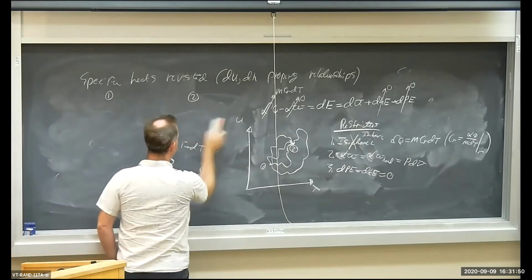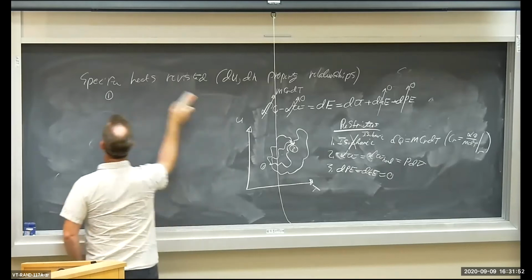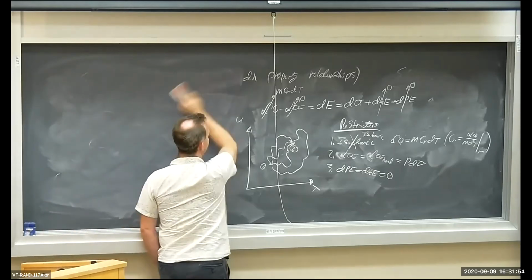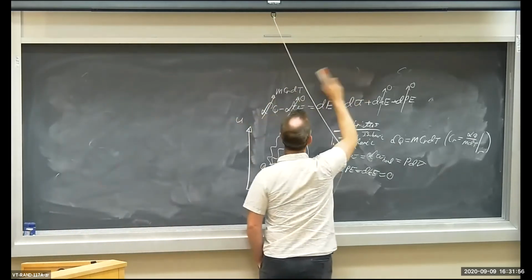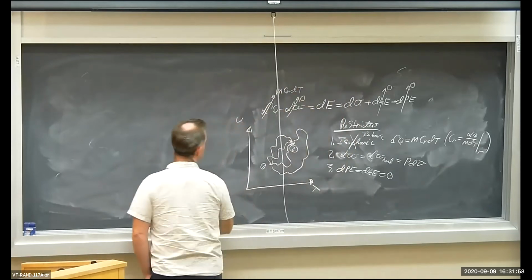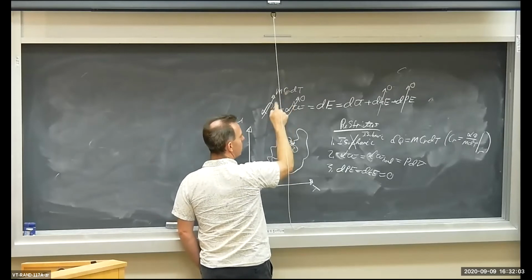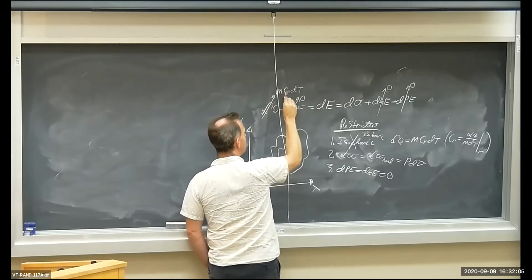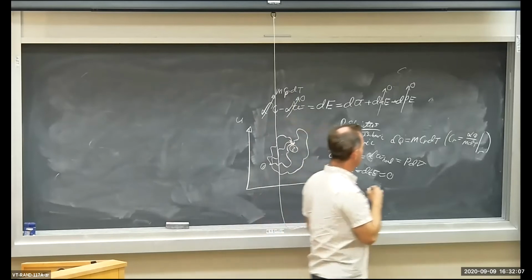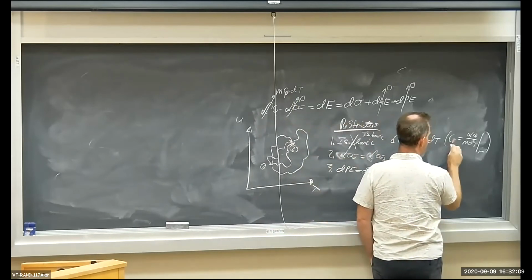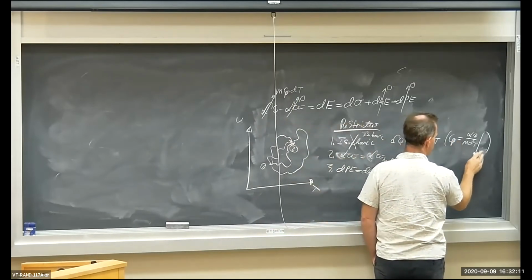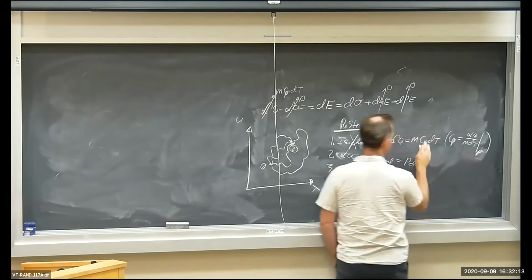If I just change the path of integration and make it an isobaric process, I get a dH property relationship. By the way, if it's an isobaric process, then del Q is mCp dT, for a constant pressure process.